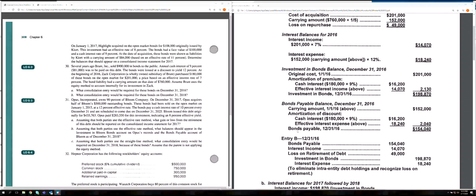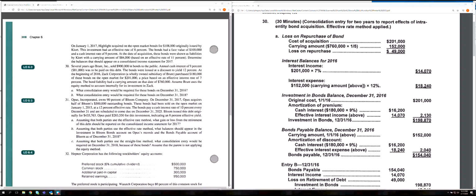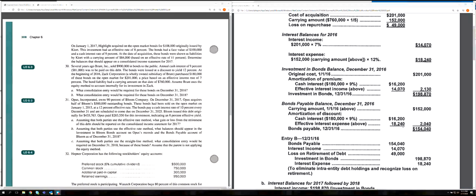Okay. Now, the bonds payable, we have to work it the same way. The carrying amount, if you look up above, was the 152 that we talked about. We have to take that 152 and figure out what the amortization of the discount is.